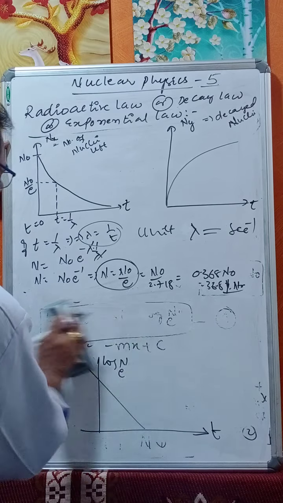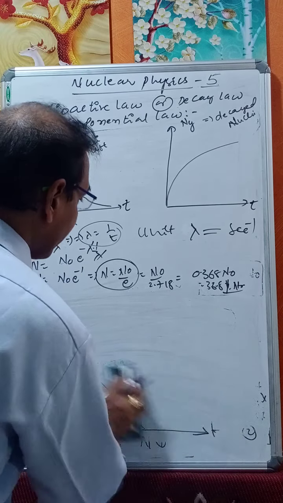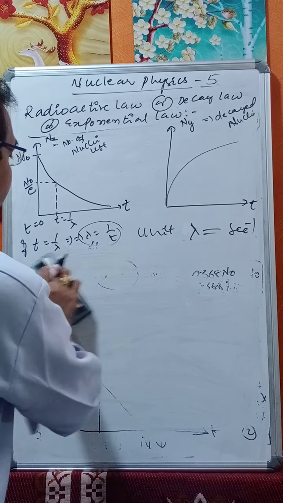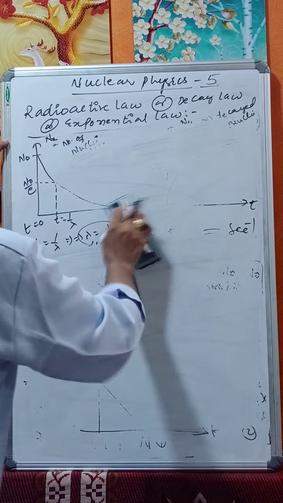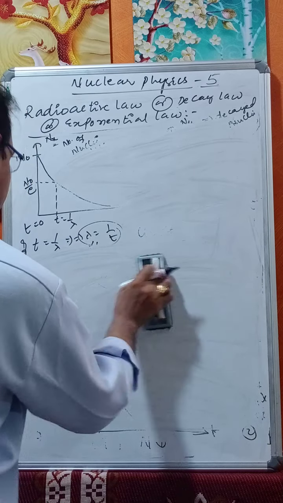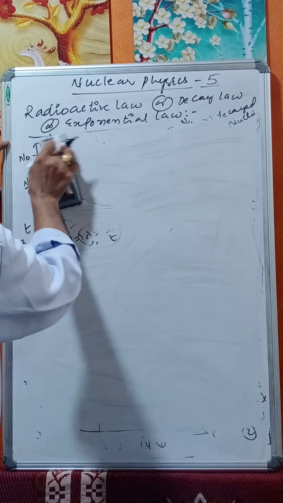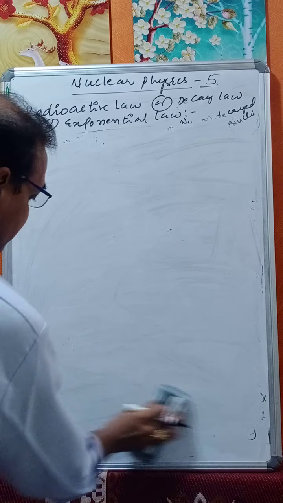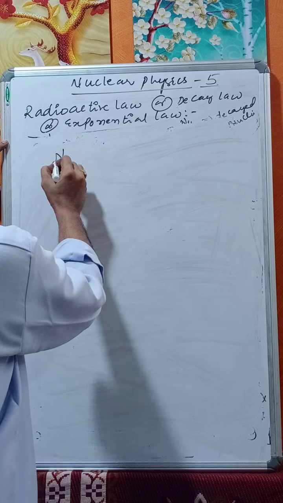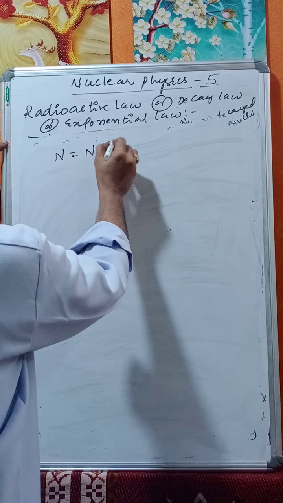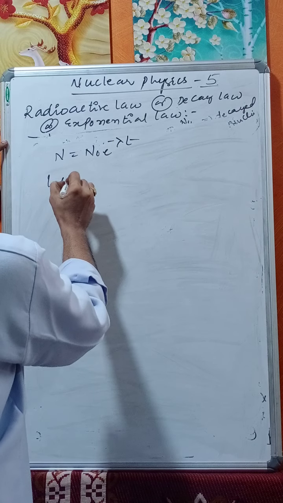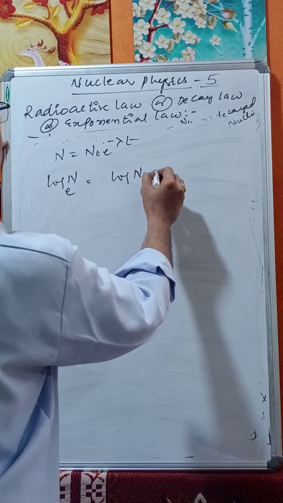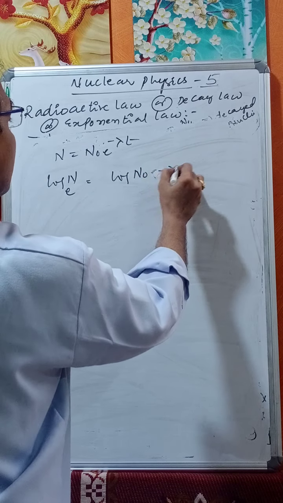Now again we have derived another expression for t. So n is equal to n naught e power minus lambda t, log n to the base e is equal to log n naught minus lambda t.